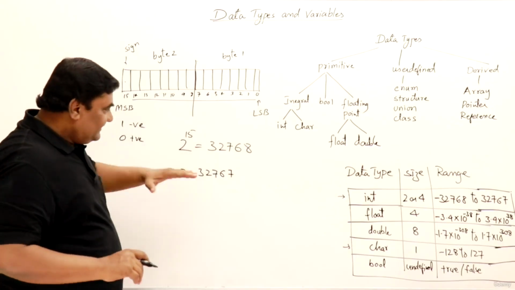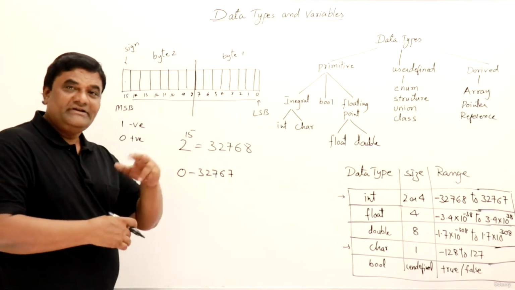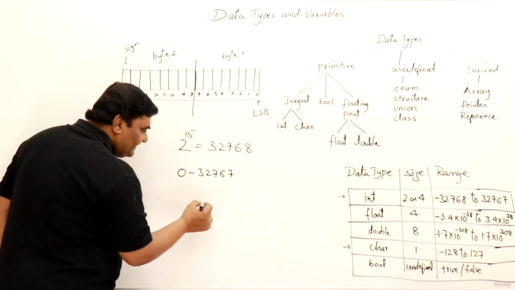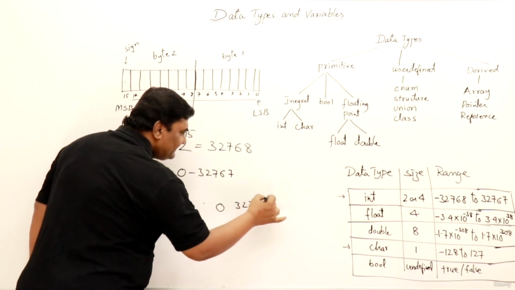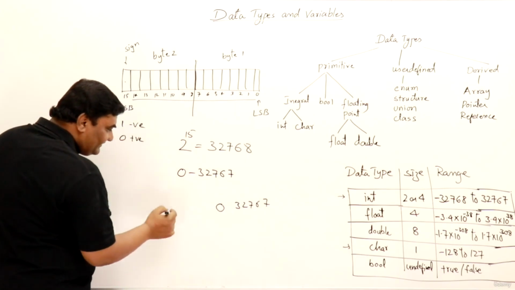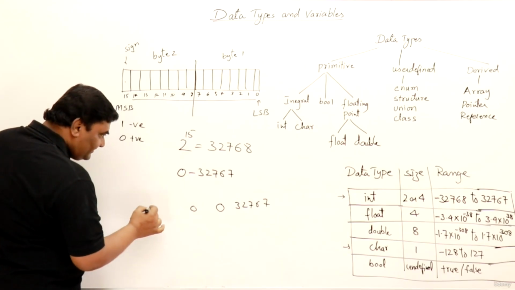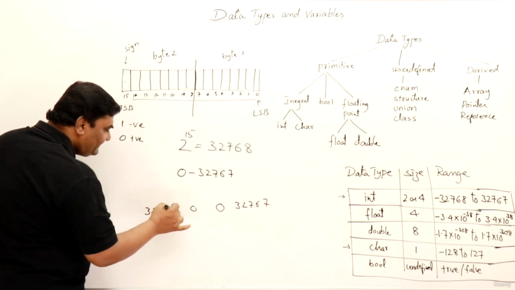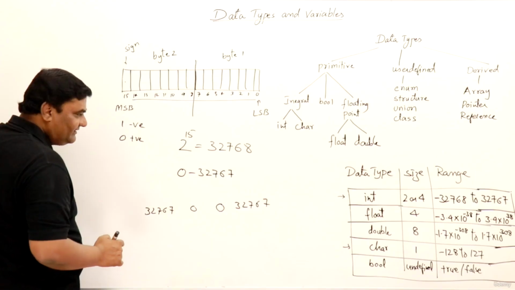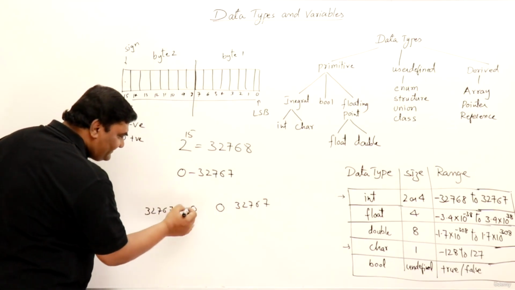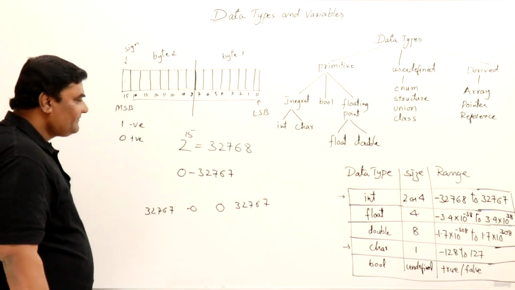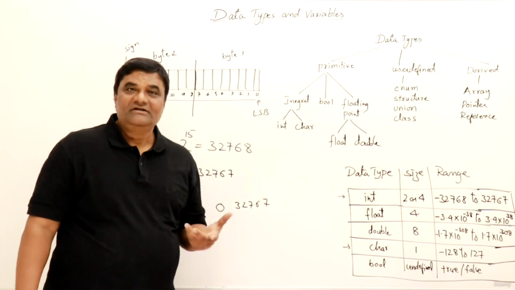Now next, this has to be positive also, negative also. So let me write this down. 0 to 32767, this is the positive side. Then 0 to 32767, it is the negative side. So this is the positive side, this is the negative side. In this negative side, negative 0 will also be there. But negative 0 is not a number.